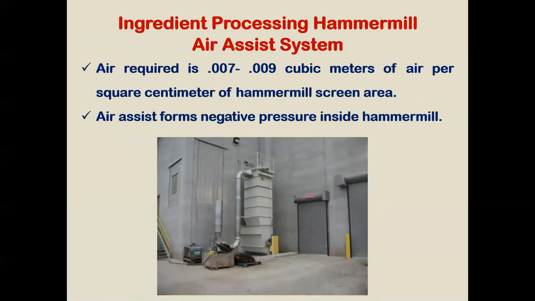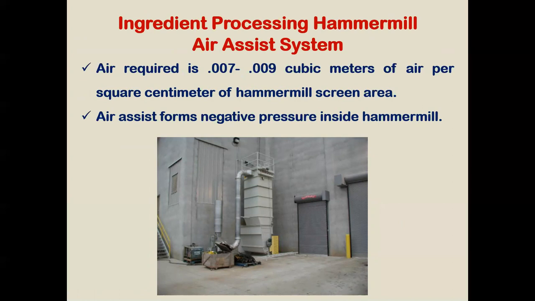So how does ingredient processing work in the hammer mill by air assisted system? The air requires 0.007 to 0.009 cubic meter of air per square centimeter of hammer mill screen area. Air assist forms negative pressure.